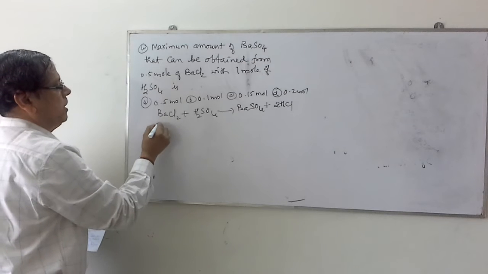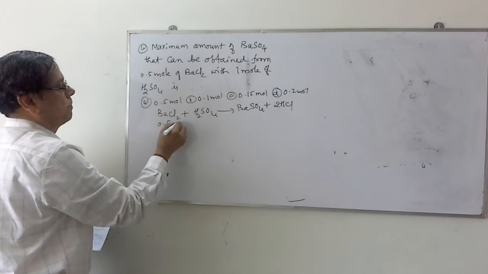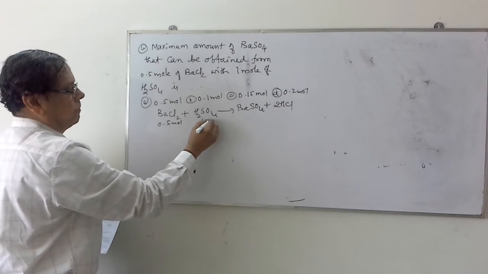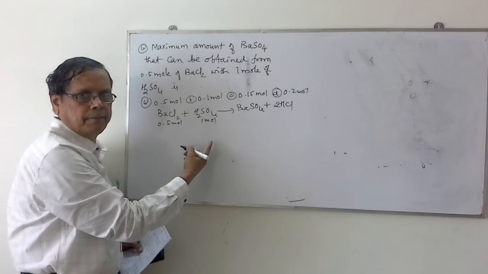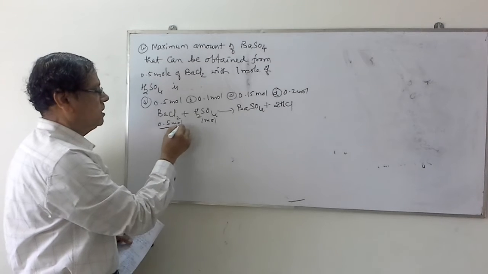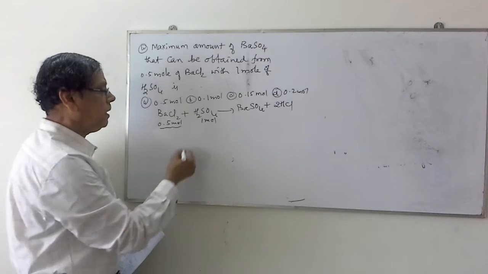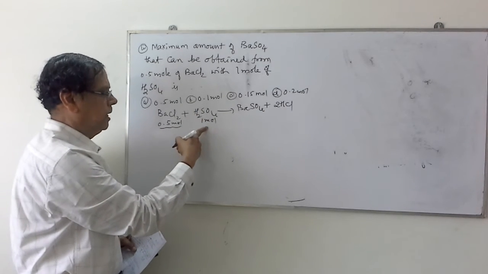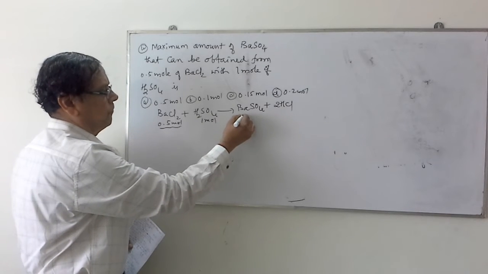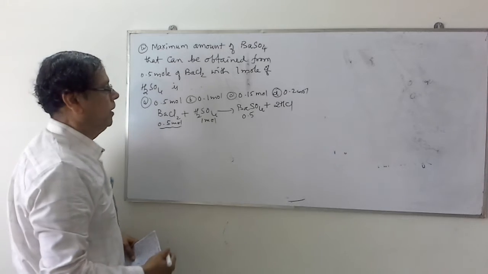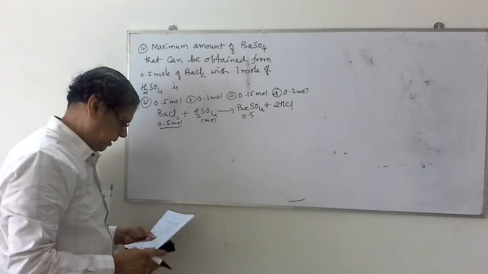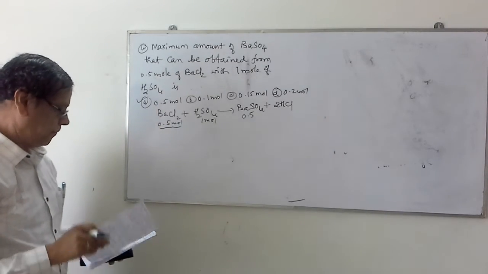If you start with barium chloride 0.5 mole and sulfuric acid 1 mole, in the balanced chemical equation they react 1:1. But the limiting reagent is barium chloride. Therefore, even though there is excess sulfuric acid, the maximum number of moles of barium sulfate produced will be 0.5. So the correct option is A.